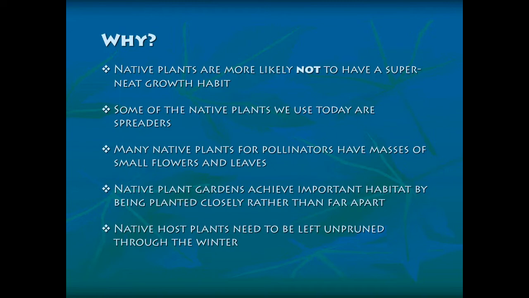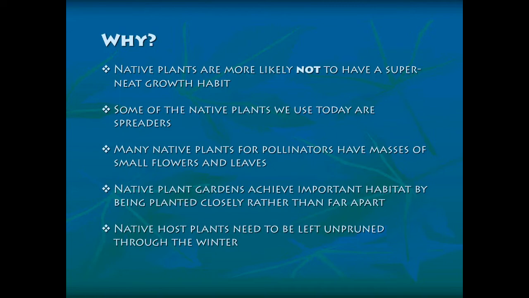Most native plants have not been bred to have a neat growth habit. They're wild plants. They grow up, they grow out, they grow all over the place. They haven't been touched by breeders, and they're not neat little round circles. And that can make it more difficult to design a beautiful garden.